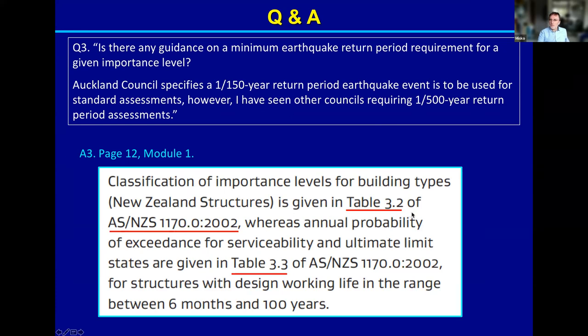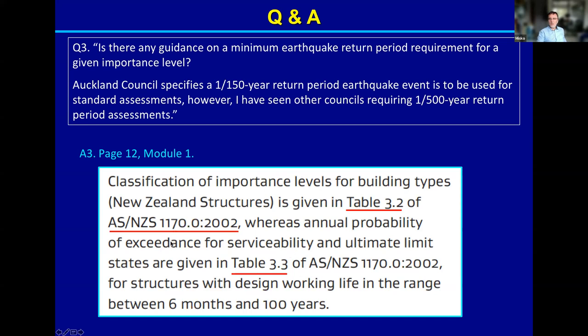Importance levels are first defined in Table 3.2, and then annual probability of exceedance is provided in Table 3.3.